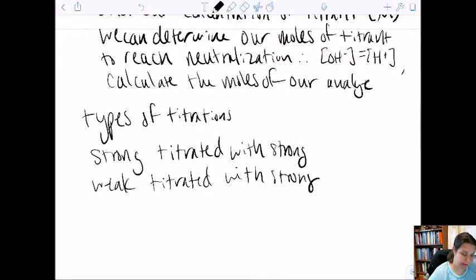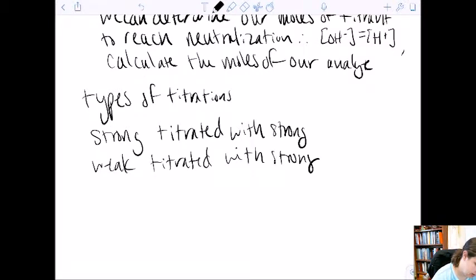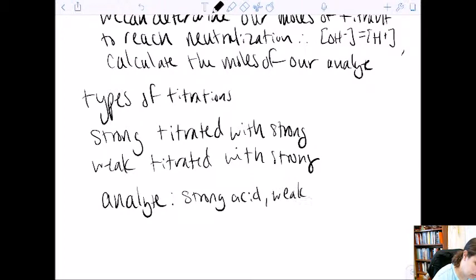So our analyte can be a strong acid, weak acid, strong base, or a weak base.